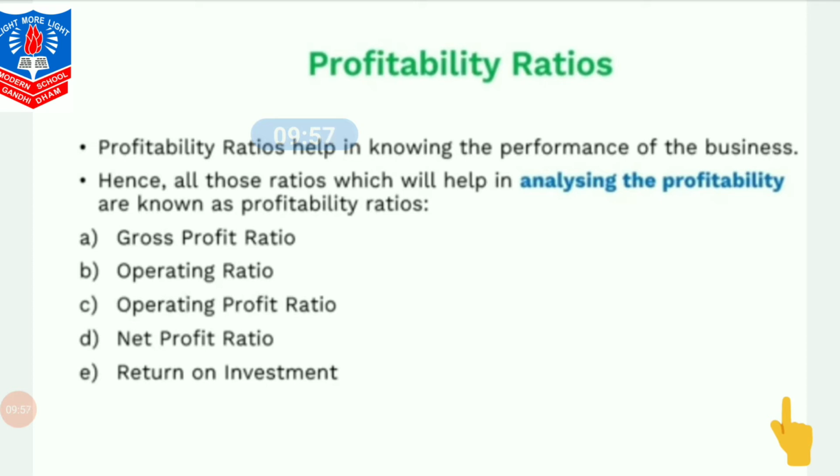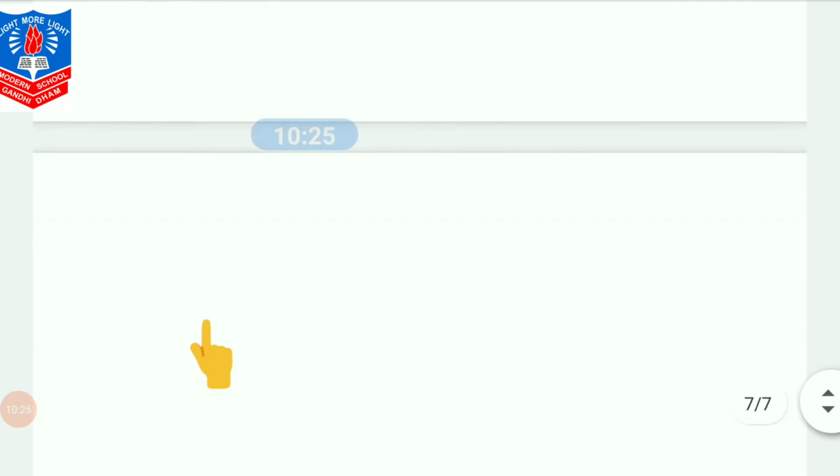Hence all those ratios which help in analyzing the profitability are known as profitability ratios. In our syllabus, actually 4 are included: GP ratio, operating profit ratio, operating ratio and NP ratio. But from these 4, 2 are eliminated in the current year. Only the theoretical concept of them is important to know. The practical concept will not be asked.